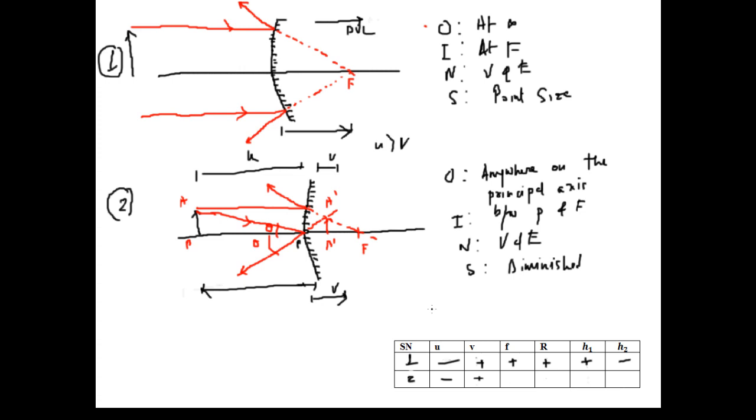F should be positive, radius of curvature should be positive, h1 positive, h2 positive. Sorry, in case of the first diagram, the image formed is virtual and erect. That means although it is point size, we consider it an erect image. That's why here also h2 will be positive.